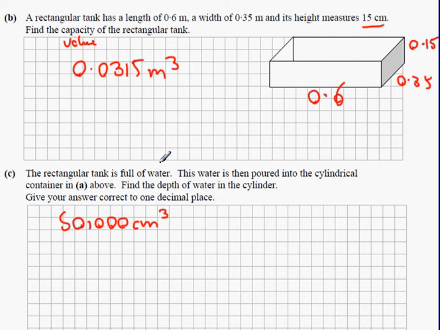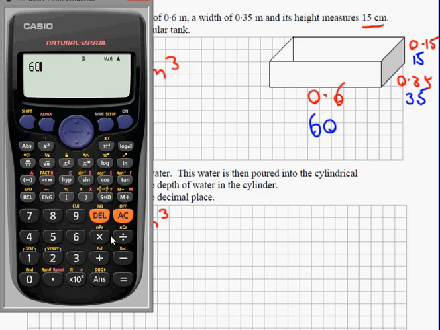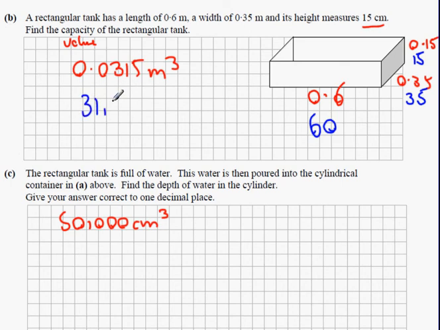We can either convert all of these into centimetres. That'll be a 60, that's going to be 15, and that's going to be 35. So my second answer could be 60 by 35 by 15, 31,500 centimetres cubed.